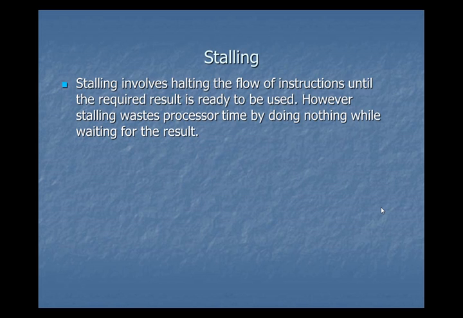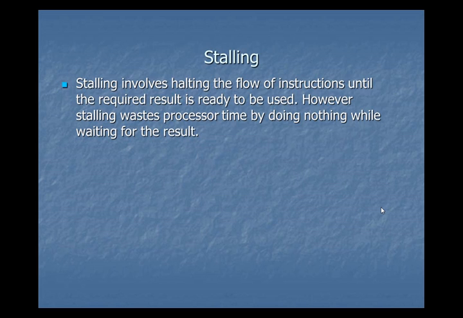So stalling involves halting the flow of instructions, means stopping the flow of instructions for the time being until the required result is ready to be used. However, stalling wastes processor time.